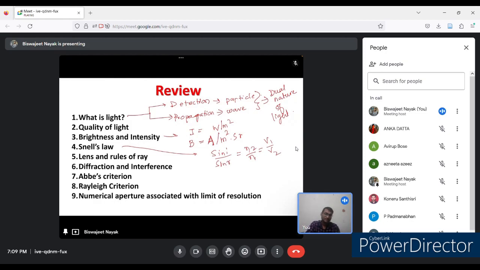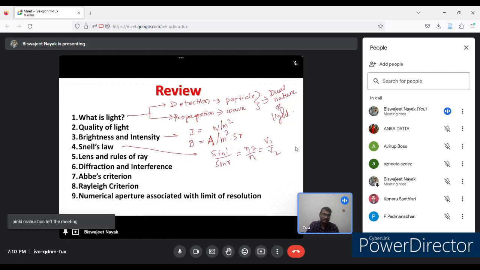Here i is the angle of the incident ray, and r is the angle of the refracted ray. n1 and n2 are the refractive indices of the two mediums, and v1 and v2 are the velocities in the different mediums. Then he described lenses and rules.